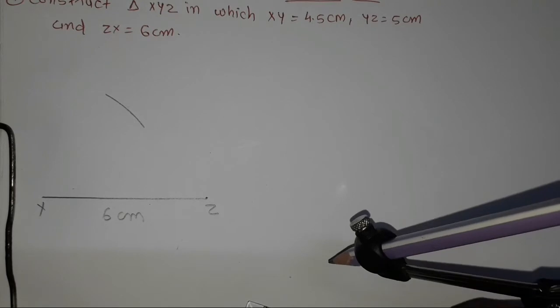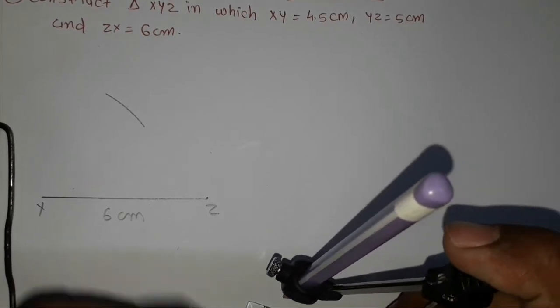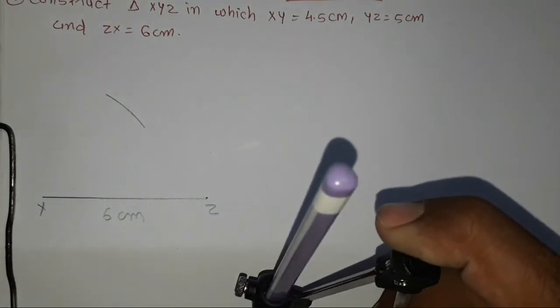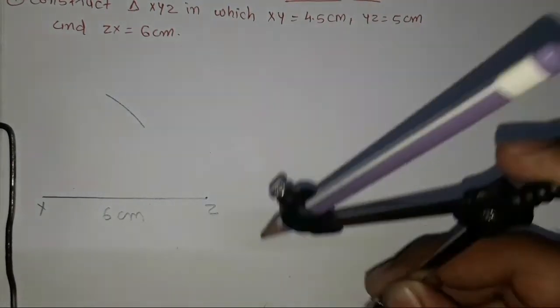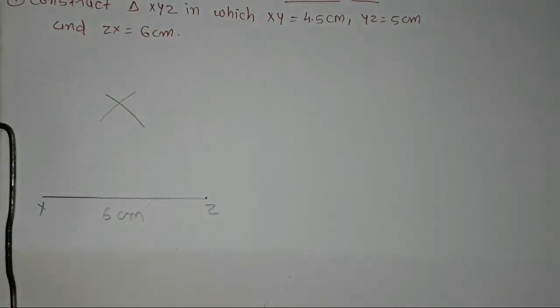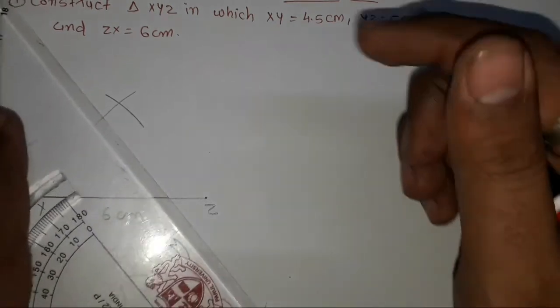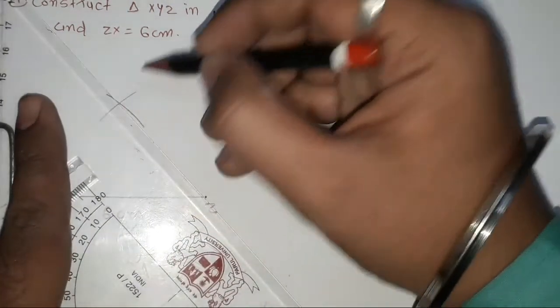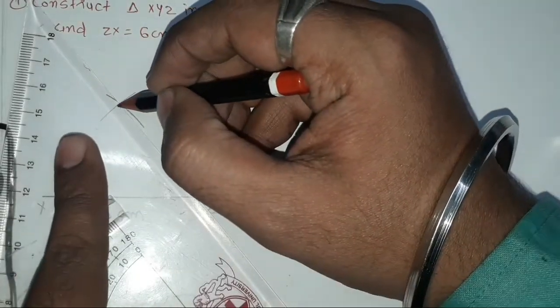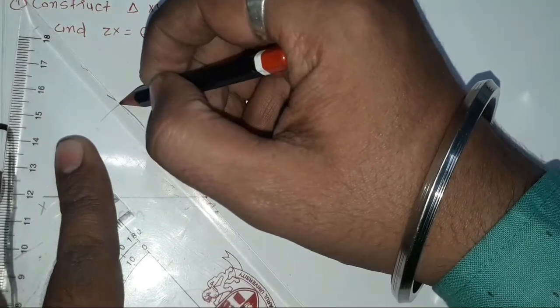So for that, in my compass I will measure 5 centimeter, then with this Z as a center, I will draw one arc. This intersecting point is our point Y. So from the point where these two arcs intersect, we will join both these endpoints.